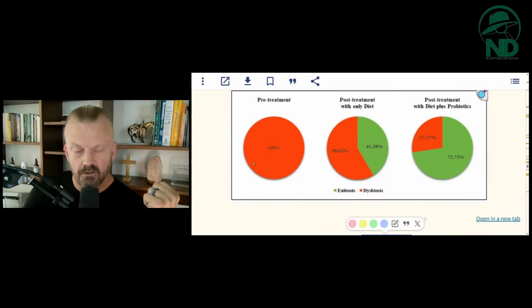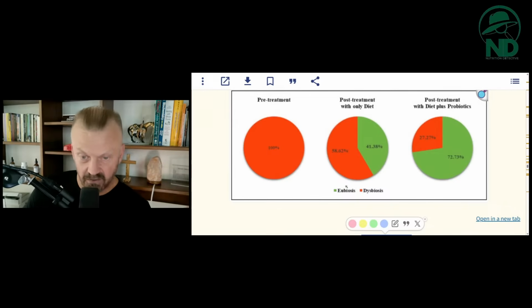Pre-treatment, all of the nickel sensitive people had a dysbiosis of some sort. Post-treatment with only diet, 58% of them still were dysbiotic, but 41% of them fixed their gut bacteria. Okay, so nickel by itself messes up your gut biome.